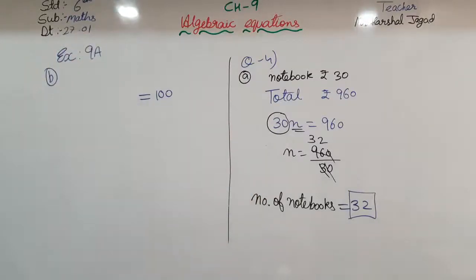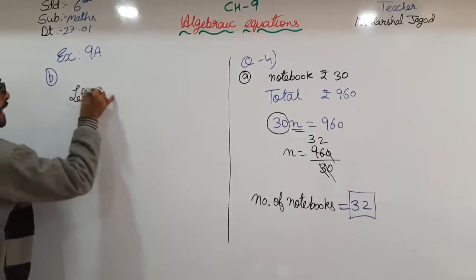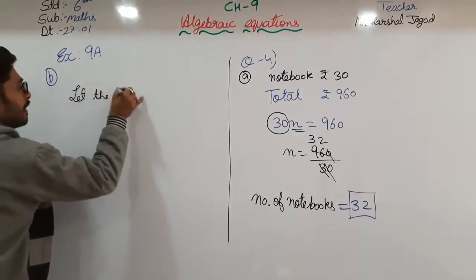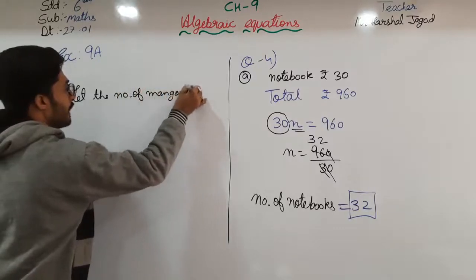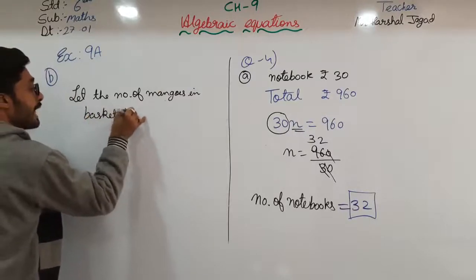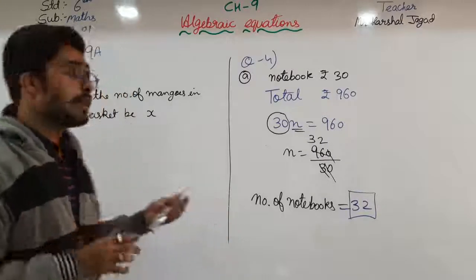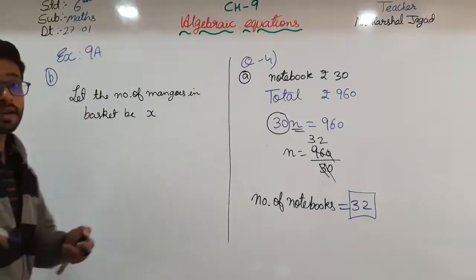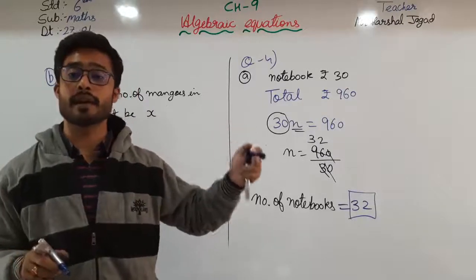So let the number of mangoes in the basket be X. Okay, and then they have said that 17 mangoes are added to make that basket full of 100 mangoes.